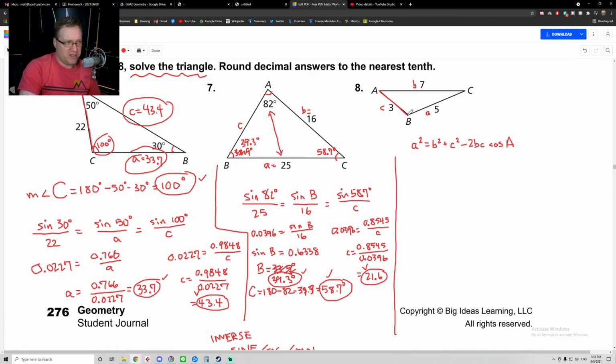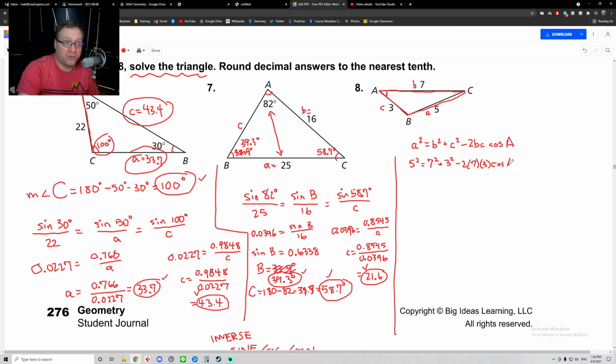All right, so we know that this side, A, 5 squared, is going to equal b squared, which is 7 squared, plus c squared, which is 3 squared, minus 2bc, which is 2 times 7 times 3, times the cosine of A, this angle.